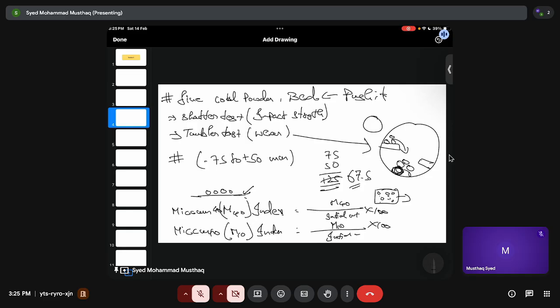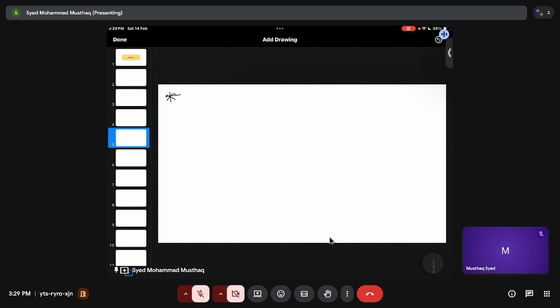Then that M40 represents your tumbler index, while M10 will tell you the abrasion index. So that's how you do it, right? We need to consider all those things.